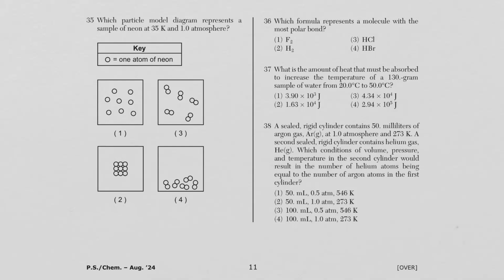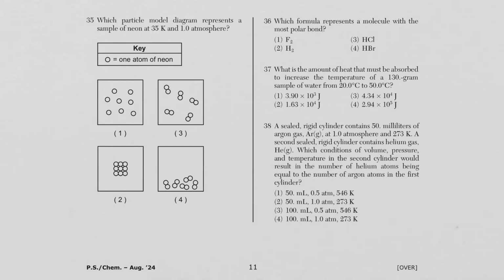We have a sealed rigid container that contains 50 milliliters of argon gas at 1 atmosphere and 273 Kelvin. A second sealed rigid container contains helium gas. Which conditions of volume, pressure, and temperature in the second cylinder would result in the number of helium atoms being equal to the number of argon atoms in the first cylinder?